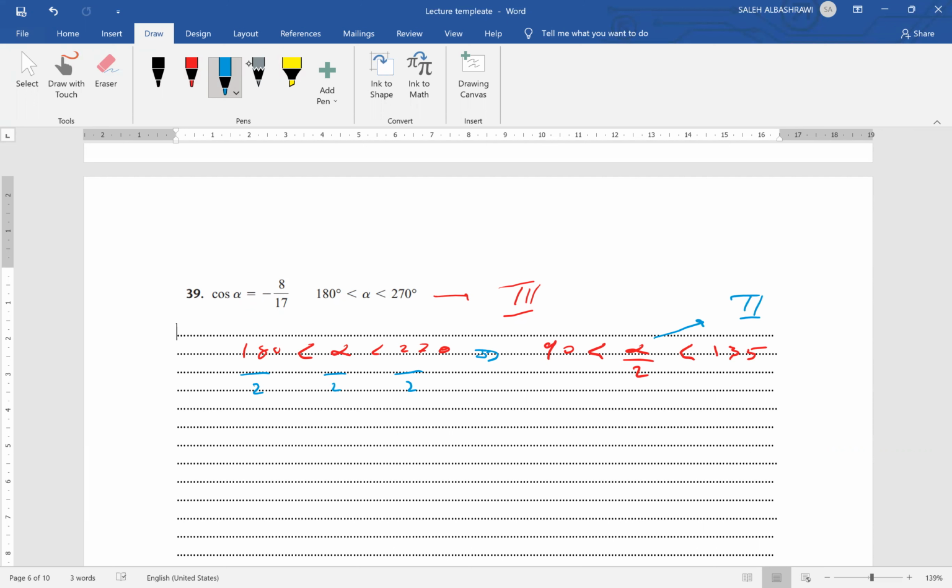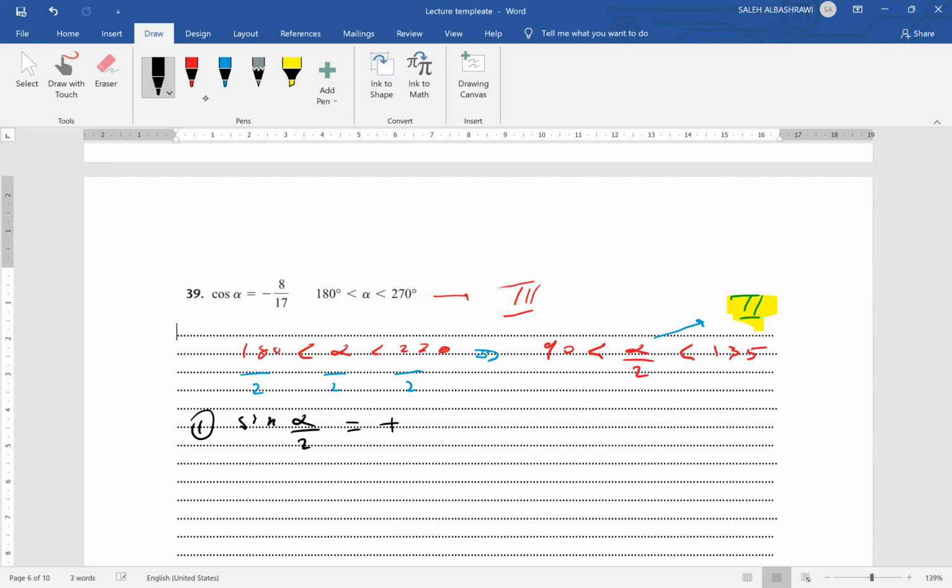This is very important, because we know that sine in the second quadrant is positive, cosine is negative, and tangent is negative. So now let's find the sine alpha over 2. Number 1, sine alpha over 2, because this is in the second quadrant, sine is positive.